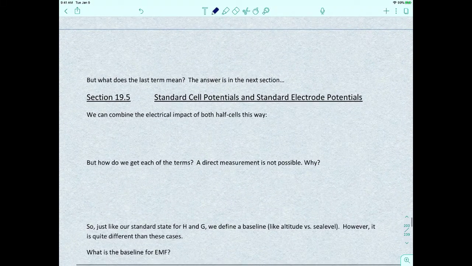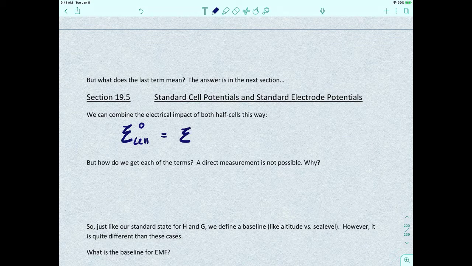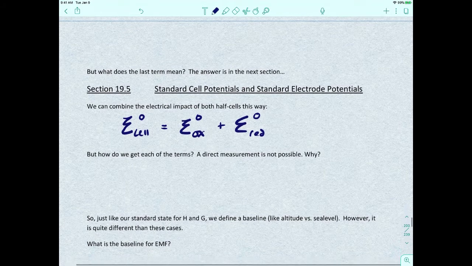All right, so we can combine the electrical impact of both half cells in this way: the electromotive force of the cell at standard state is equal to the voltage of the oxidation half reaction at standard state, plus the voltage of the reduction half cell at standard state. Now, how do we get each of these terms?